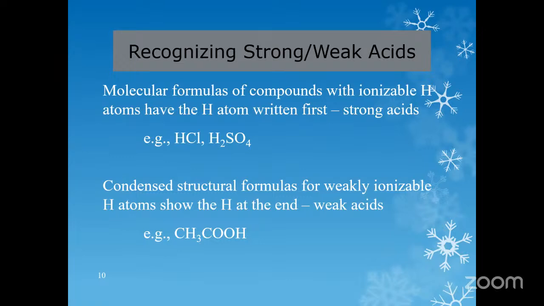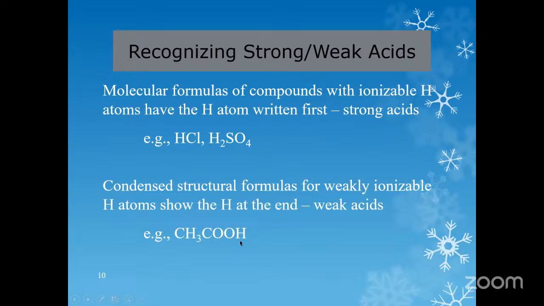I know some colleagues of mine expect students, for example, to learn all the ions in the chart that I provided for you. I'm not into that. But there are a few things that you need to memorize, and this is one of them for me. Before I get into that, typically, strong acids are represented where the hydrogens are placed first in the formula, and then weak acids are ones where the hydrogens that will dissociate will be placed at the end of the formula.